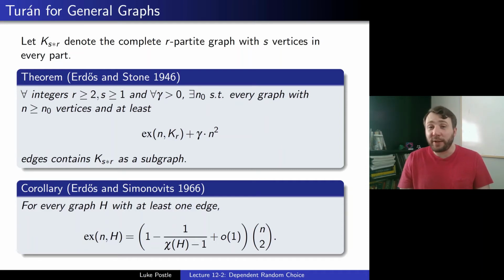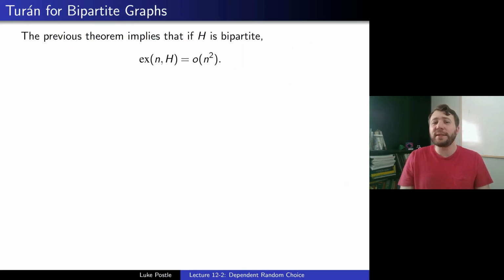And so if H is that many colorable, if we can put it into this r-partition, then indeed we can get it with roughly 1 - 1/(r-1) edges, which is 1 - 1/(χ - 1), with some little-o order term there. So that essentially tells us what? Well, if we have chromatic number at least 3, this gives us the Turán numbers up to those little-o order terms. The issue is what happens when χ is 2.